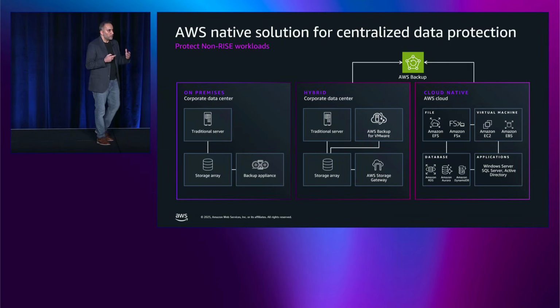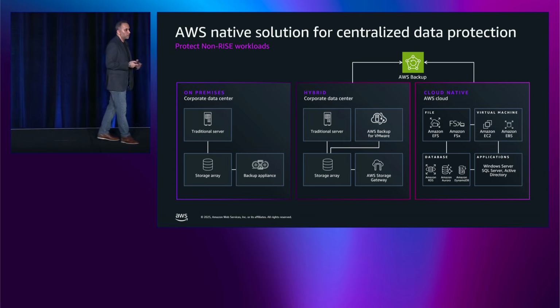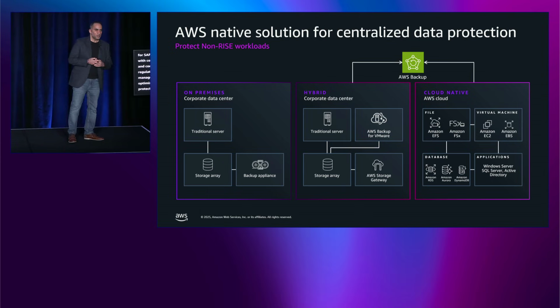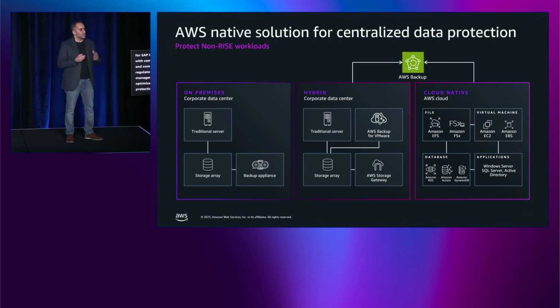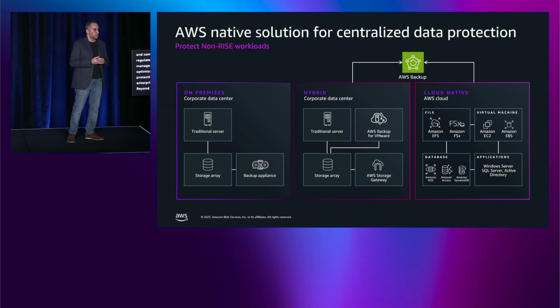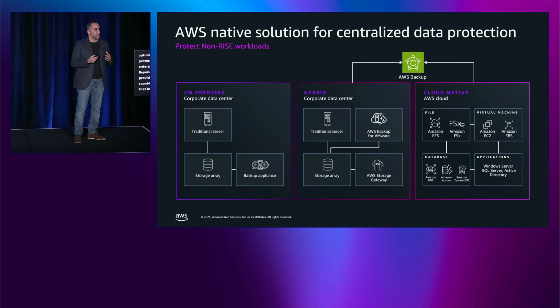For your broader enterprise environment beyond SAP Rise, AWS Backup Service provides centralized data protection capabilities. It's a fully managed service that includes centralized backup management, data retention, and compliance monitoring capabilities.